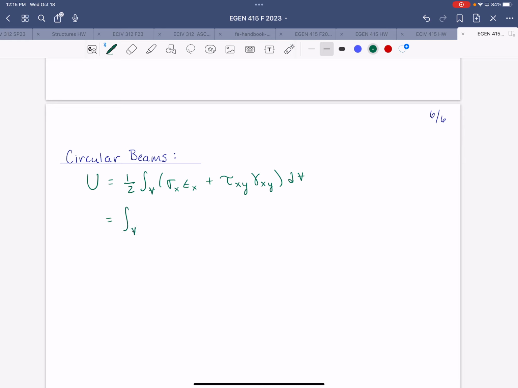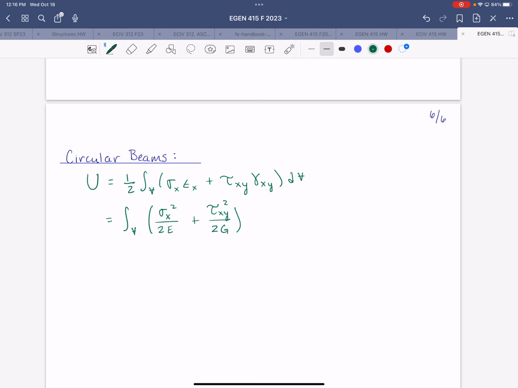And then subbing in our expressions as they relate to circular beams, we'll start subbing some things in, and then we'll sub the rest in. All right, so we got normal stress squared over 2E plus shear stress squared over 2G.